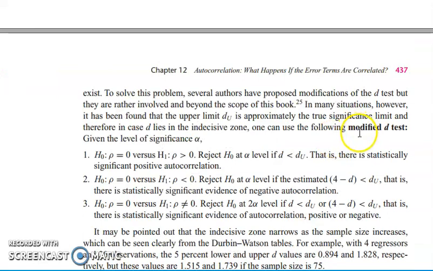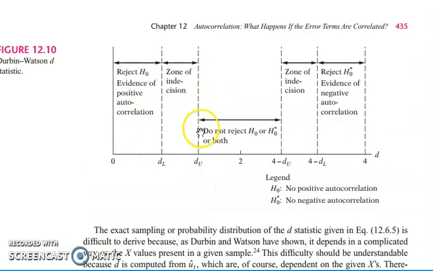From the Durbin-Watson d-test, we have the modified d-test. There are people suggesting this modified d-test, whereby we can simply say whether it is positive or negative autocorrelation. In the modified d-test, this area is now the positive autocorrelation region, and this area becomes the negative autocorrelation region.